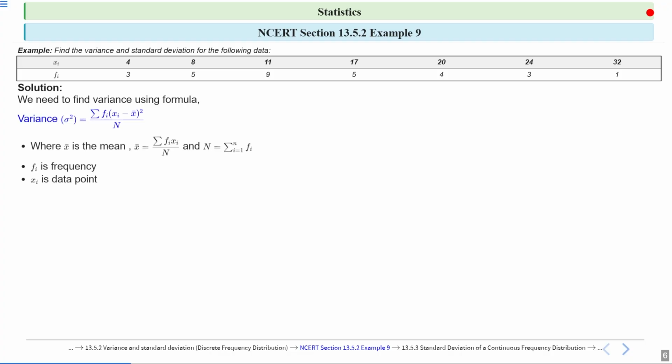The formula for variance is sigma squared equal to sum of fi times xi minus x bar squared divided by n, where x bar is the mean. x bar is calculated by the formula sum of fi times xi divided by n, and n is sum of fi, and fi is the frequency of the given data and xi is a data point.